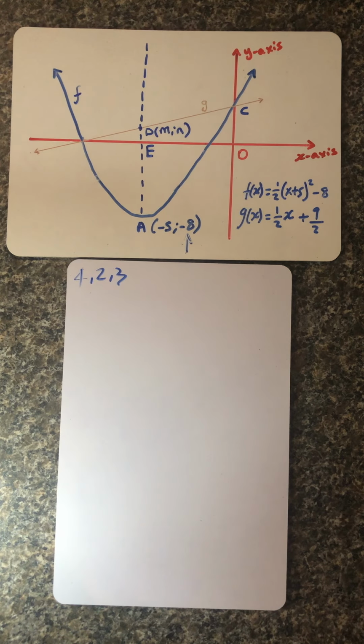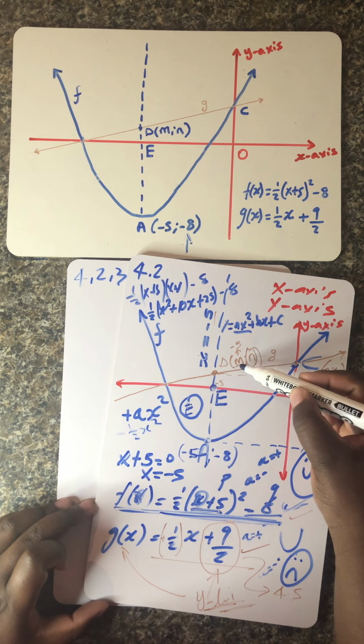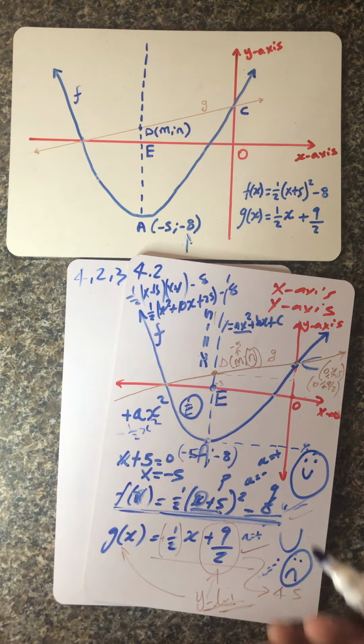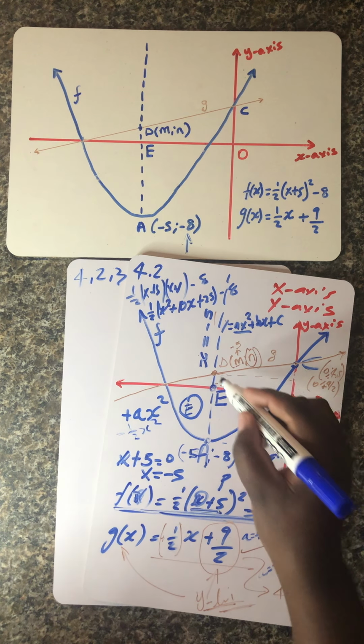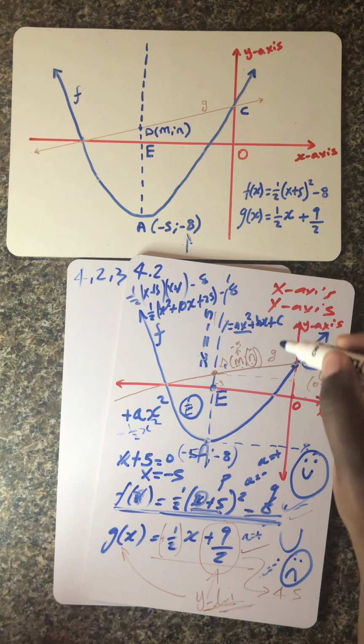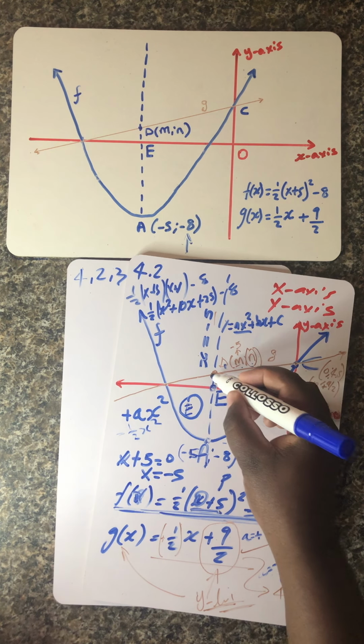I'm not sure if you remember. Just quickly going to get this information. If you remember, these are the coordinates of D, and that's what the question wants us to calculate. Even though they didn't say the coordinates of D, they just said the values of m and n. But you already know that m and n refers to the coordinates of D, which is that point.